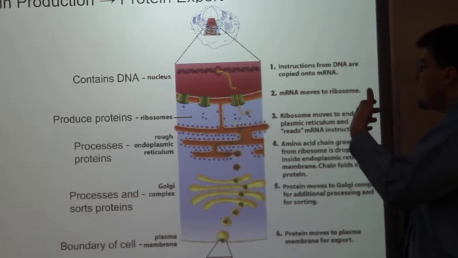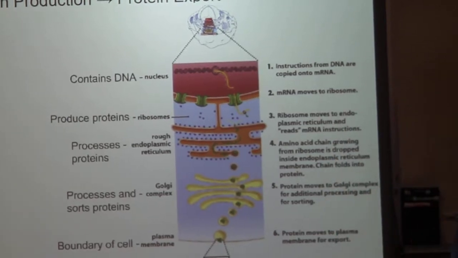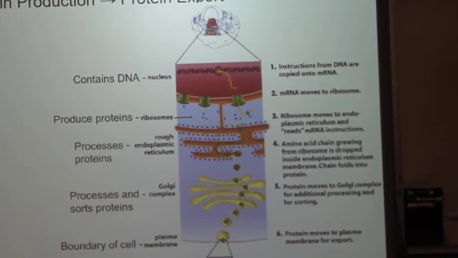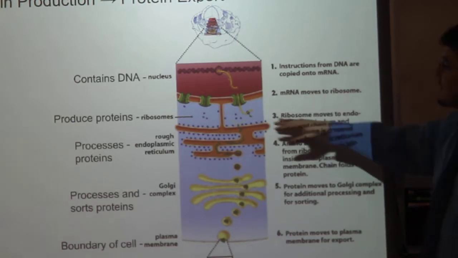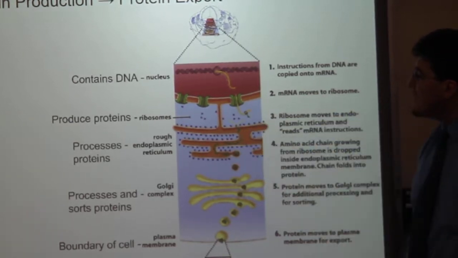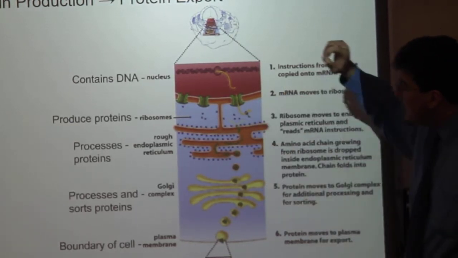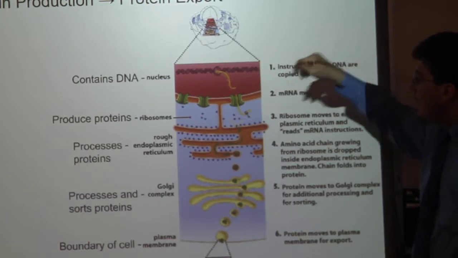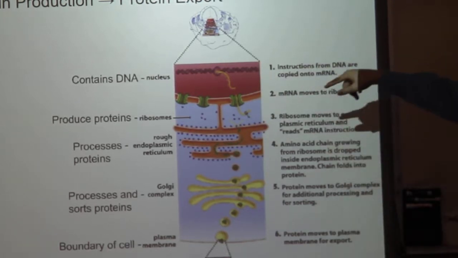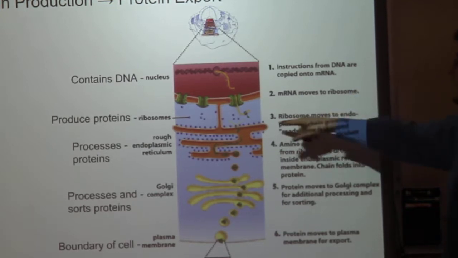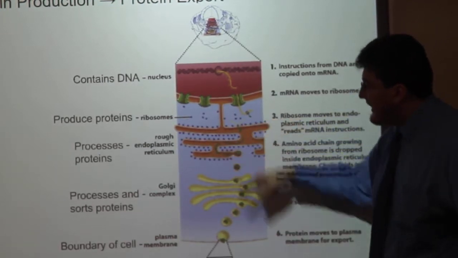And that will either begin the process as a free-floating polypeptide, or that ribosome can be attached to rough endoplasmic reticulum, and that polypeptide can then be formed into the endoplasmic reticulum space.